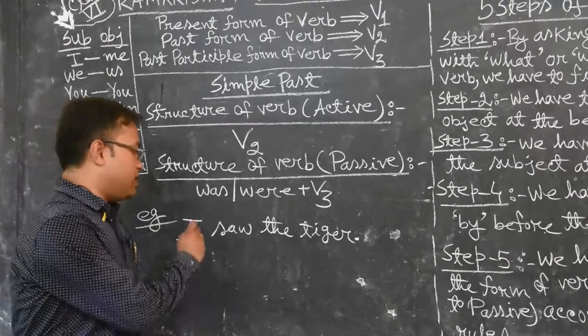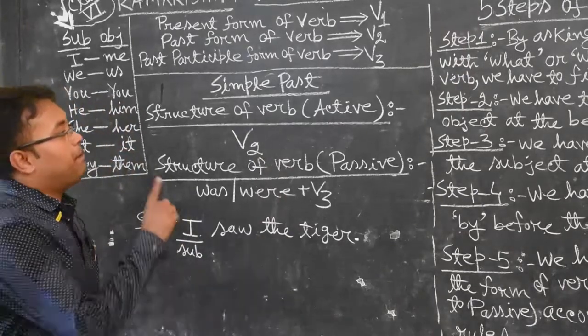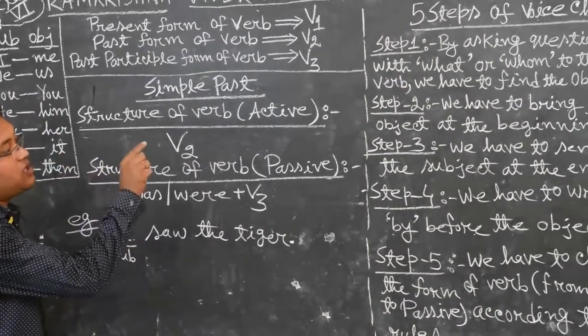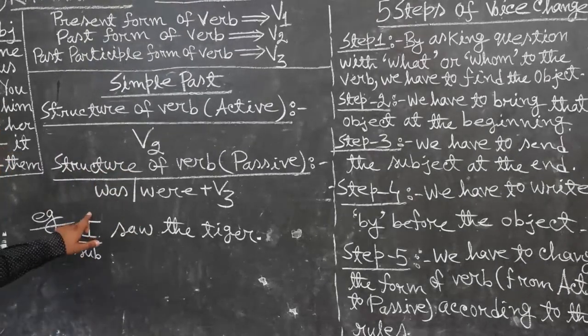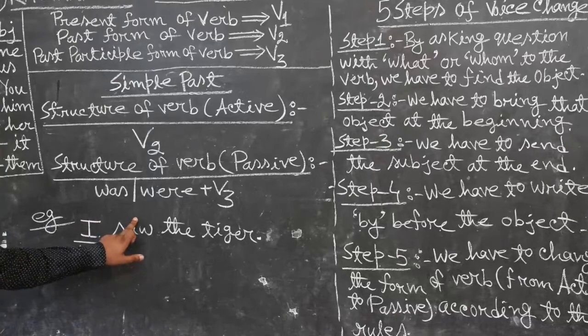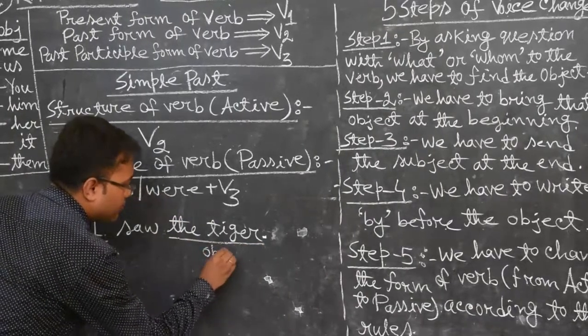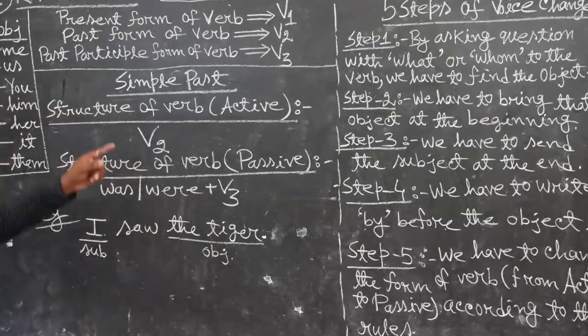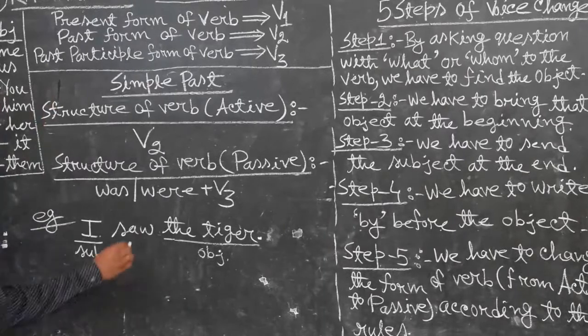Now we will do this voice change according to the steps. Step 1. By asking question with what or whom to the verb, we have to find the object. I saw what or I saw whom? The tiger. So the tiger is object. Step 2. We have to bring that object at the beginning.